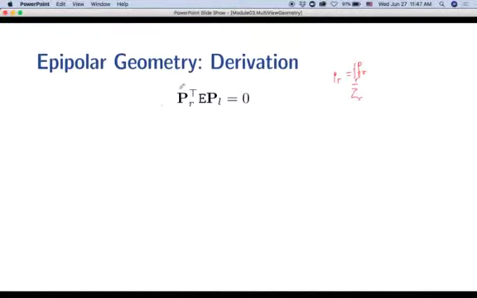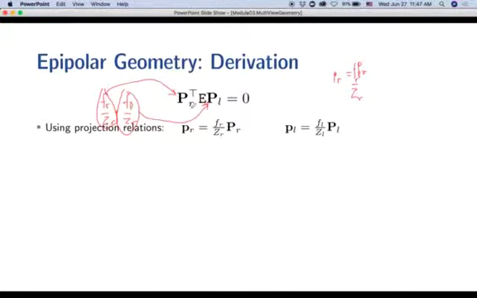So what I can do is multiply this equation by FR over ZR. I can multiply both sides, but the other side is 0, so I'm really multiplying by a constant, and the equation still holds. I can also multiply it with FL over ZL. Again, the equation does not change. Then I attach these factors to the vectors, and so I can convert this equation into image coordinates rather than world coordinates.